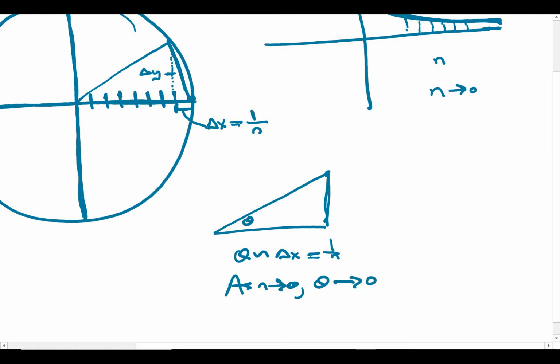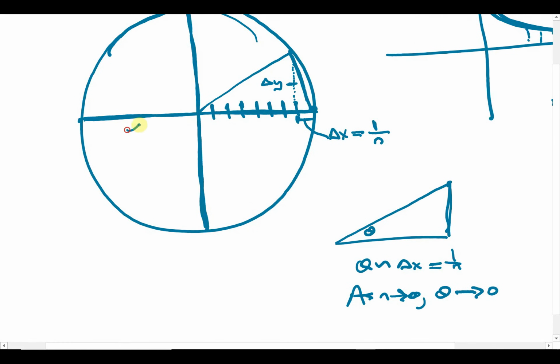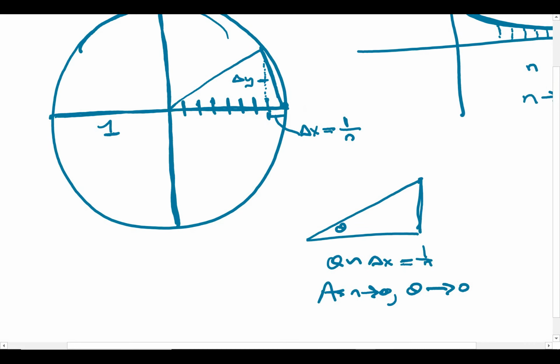In the initial case, when n equals 1, let's suppose the radius r equals 1. Then we basically just have the line, but when we make n equals 2, we have 1/2. So we make the projection and we connect that 1/2.